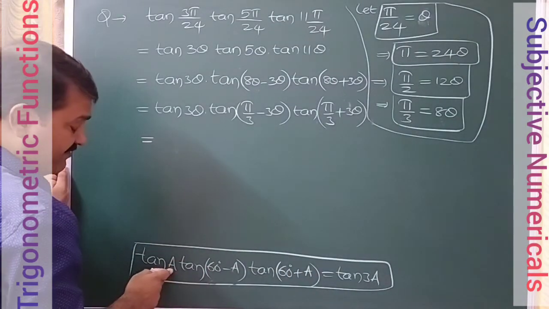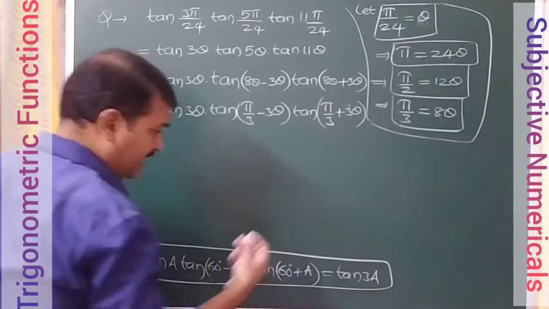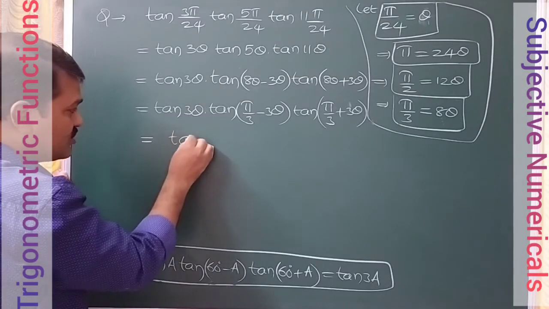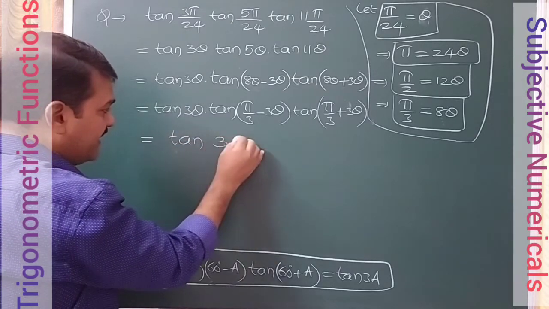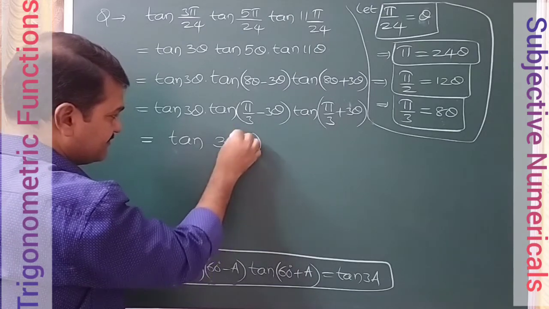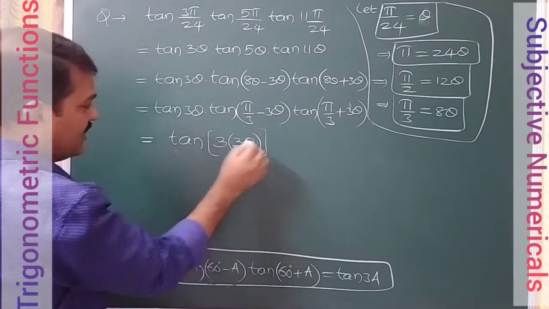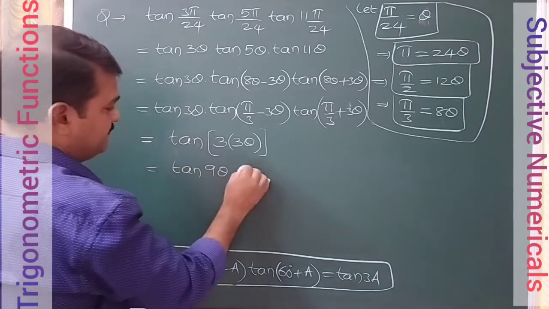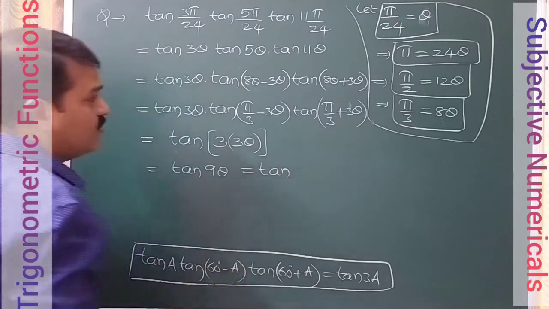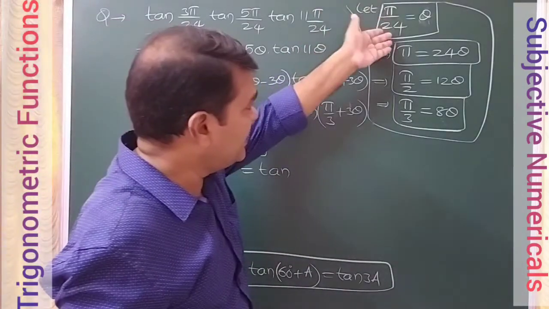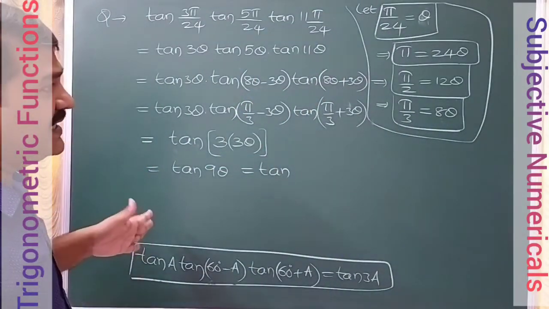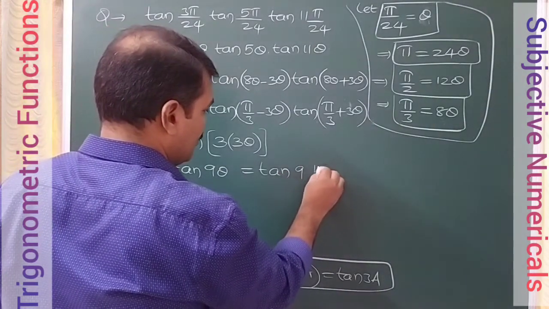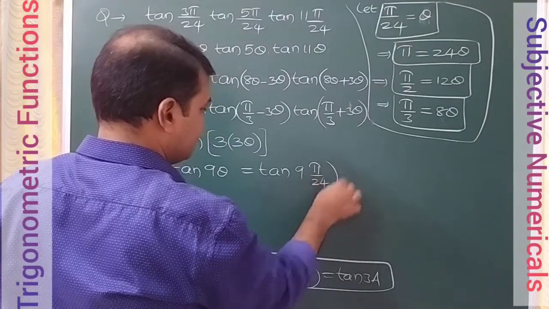What is the formula? If we have A, tan 3A is the formula. In place of A we have 3 theta, so tan 3A means tan of 3 into 3 theta. So you will get tan 9 theta. Theta is pi by 24, so 9 into pi by 24.